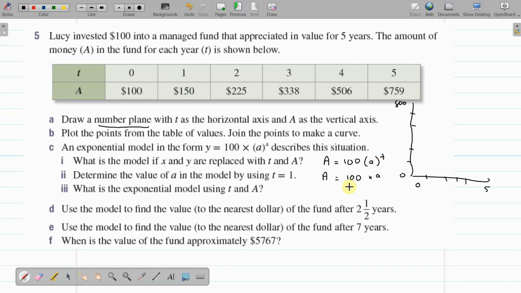So a is 100. And the final model is A equals 100 times 100 to the power of T.